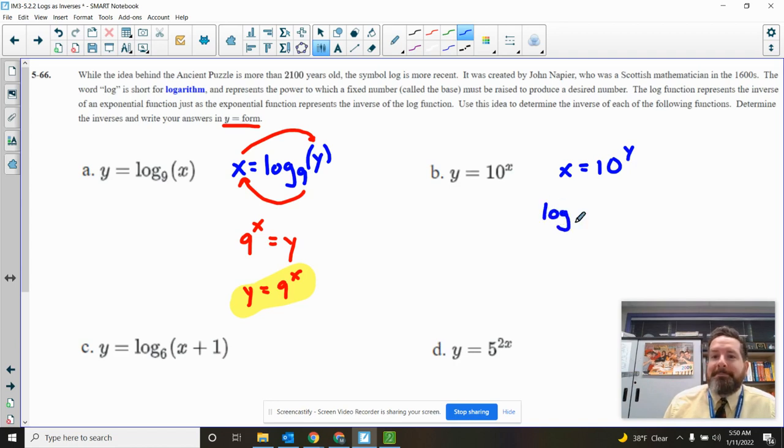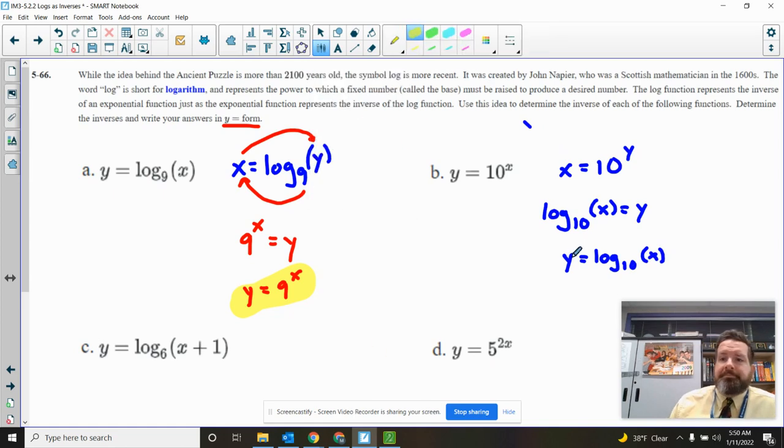Log base 10 of x gives us the y. There it is. Now, just like the last one, because we typically put the y on the left, I'm going to write y equals log base 10 of x. So this one here and this one here, those are inverses of one another.